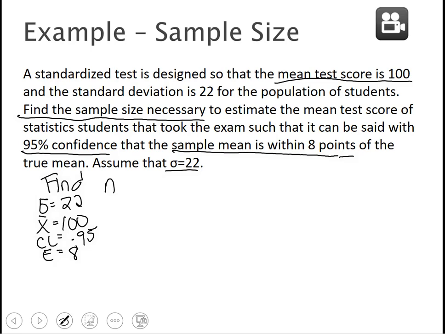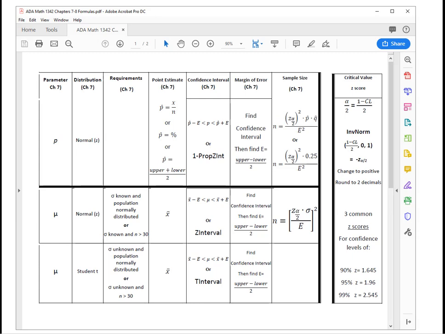So now that I have all my information in order, I'm going to go to my formula chart to see if I can find a formula for n that uses some of this information. I know that I'm estimating a mean, so I'm going to find mean under my parameter column. I have 2 rows for mean.